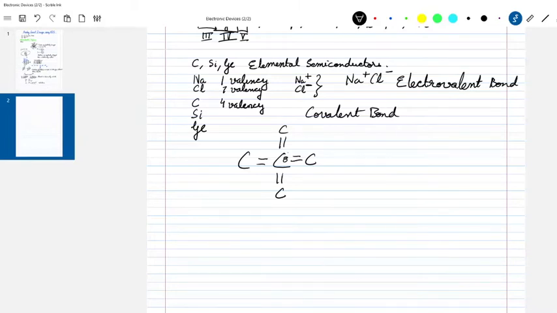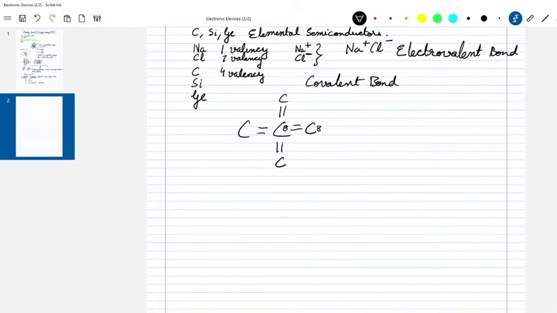And then at some other time, all 8 will belong to another one. So it's basically shared in time, right? They are still going around the nucleus. It's just that they belong to a certain atom at a certain period of time. So this is what a covalent bond is.